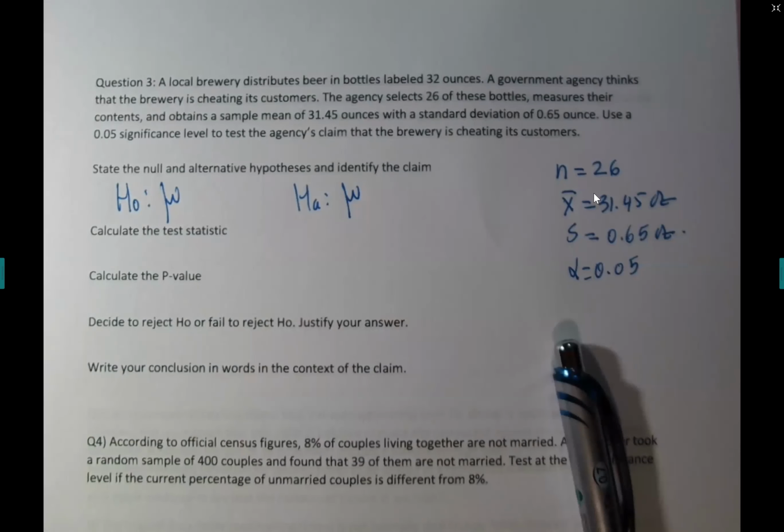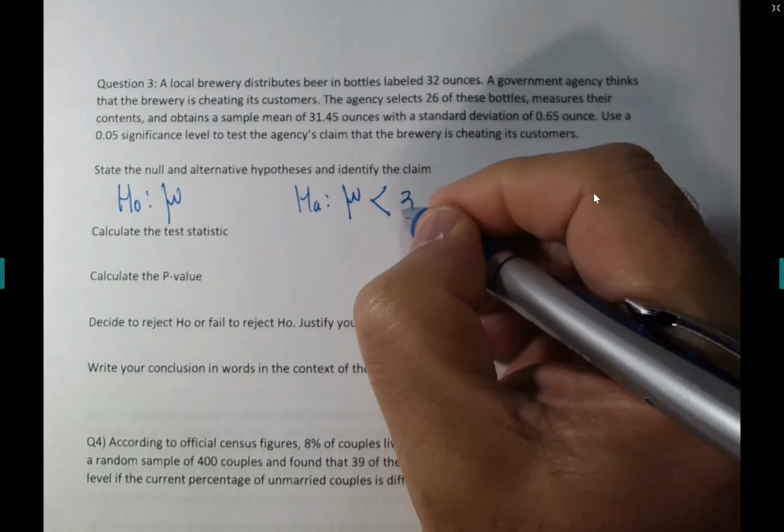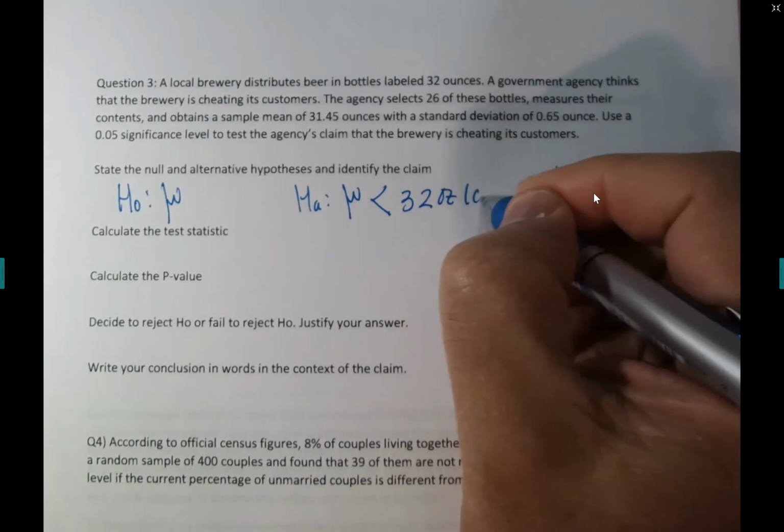Is that what you would say? Yeah. I would have to argue here that cheating doesn't mean not equal, no. Because not equal to 32, they could give you more than 32 ounces in the bottle. That's not cheating, that's them being generous here. Okay, so it could be greater than or equal to. Yeah, that's the claim, guys.